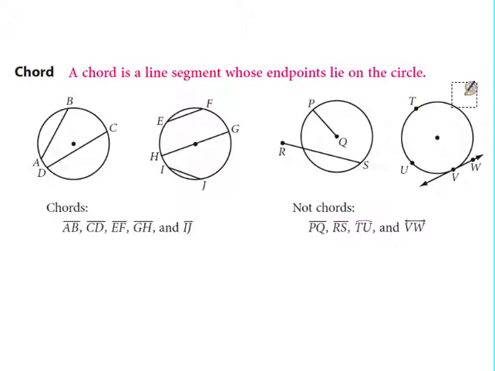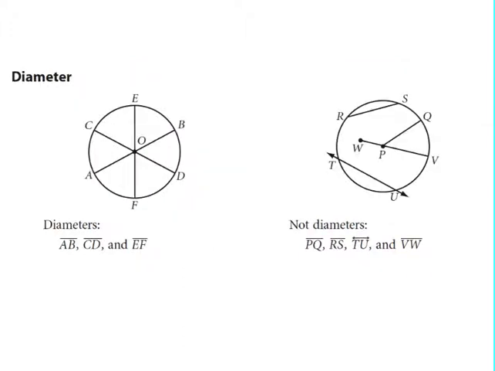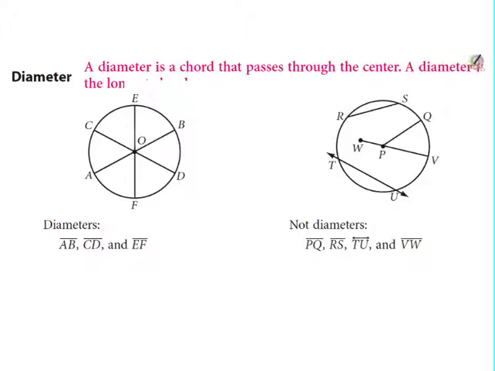Let's look at the next one. A diameter. Okay, so let's think about our definition of a chord. What would a diameter be? You've got your diameters, not diameters, and a lot of you probably already know what a diameter is. What do you think a diameter is? A chord that goes through the middle. A diameter is a chord that passes through the center. A diameter is the longest chord.